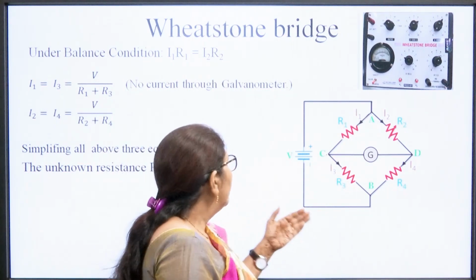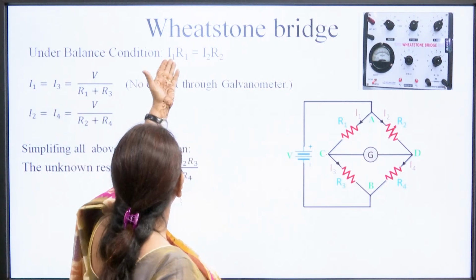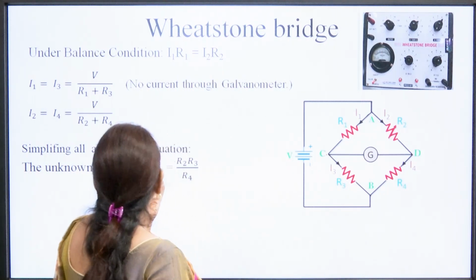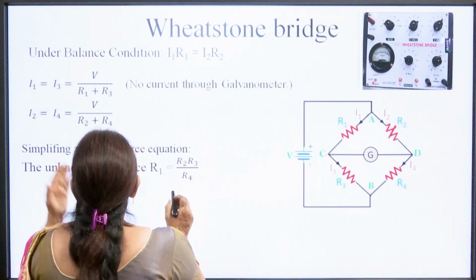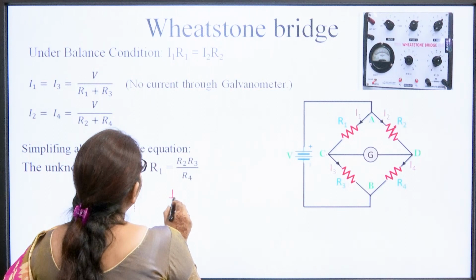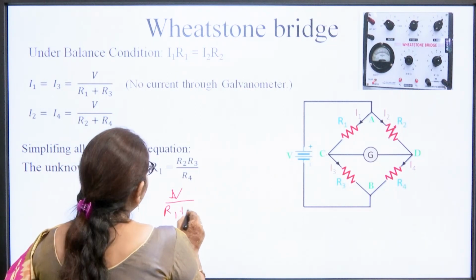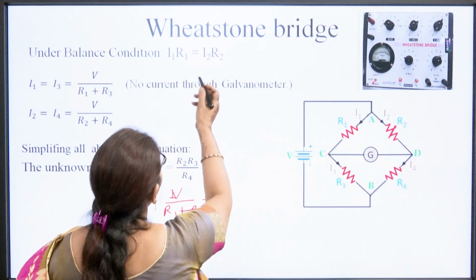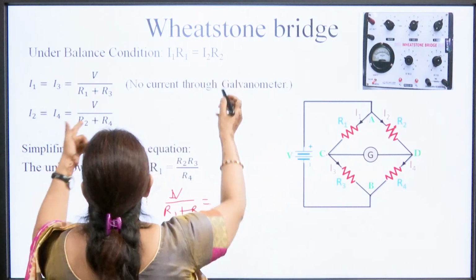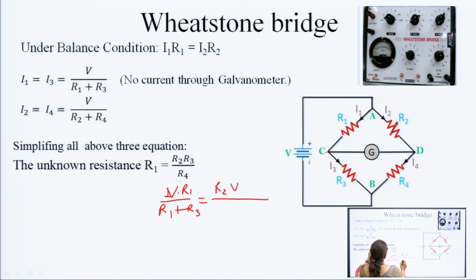So, we can change the value of the resistance, and here this is the galvanometer which is showing the value of the current. Here we can see that I1 R1 is equal to this one, and if we put this I1 value and I2 value in this equation, we will get this. I1 is equal to V by R1 plus R3, and I2 is equal to V by R2 plus R4.